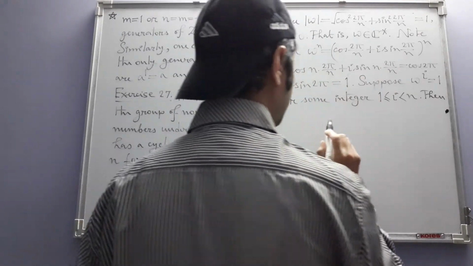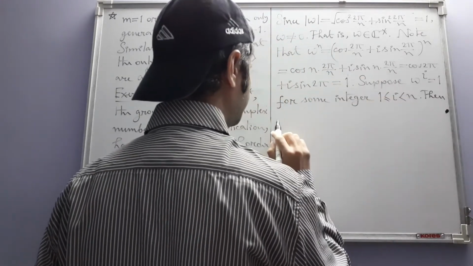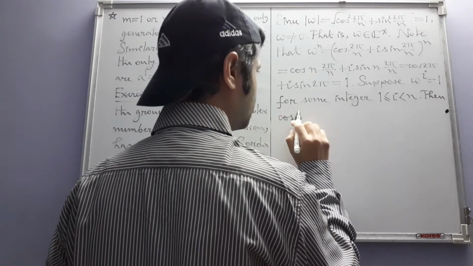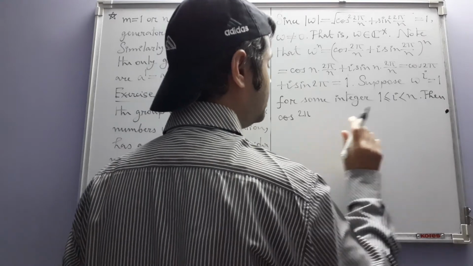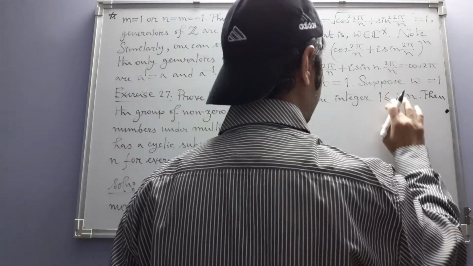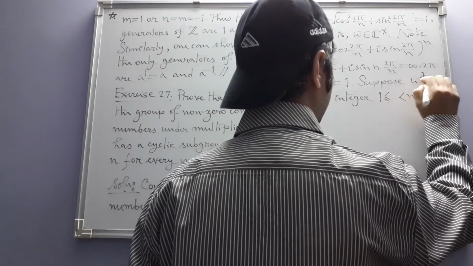Anyway, so then what do we get? Then cos 2 pi, we will confuse this i with the imaginary unit, so let us take j.